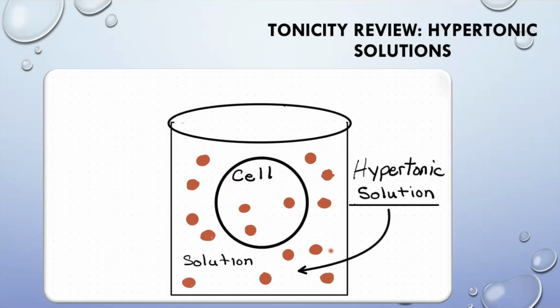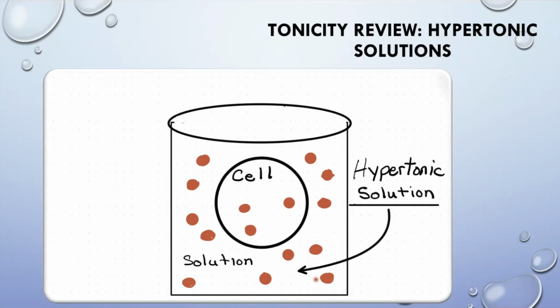How about this one? This one is a hypertonic solution. The cell that I immersed, I only gave it 3 solutes, but we plopped it in a solution that has 3 times as much, 4 times as much, a lot more. We're going to call this a hypertonic solution because it has more solutes compared to that cell.